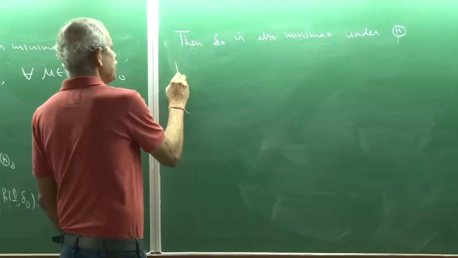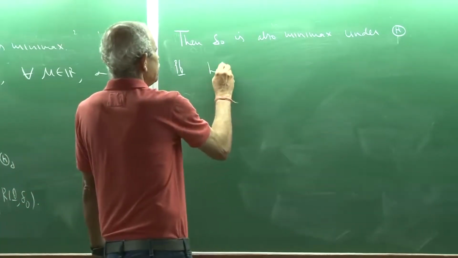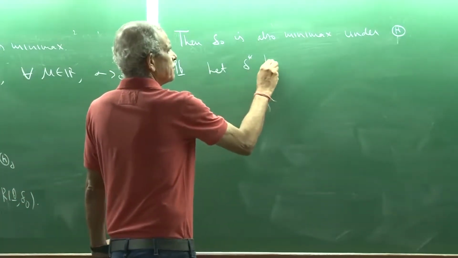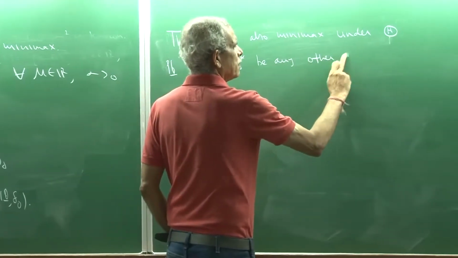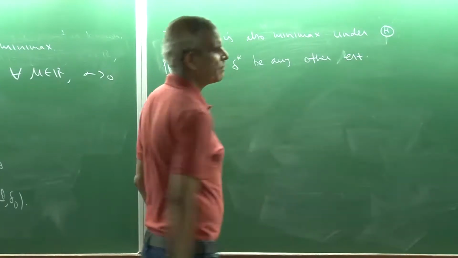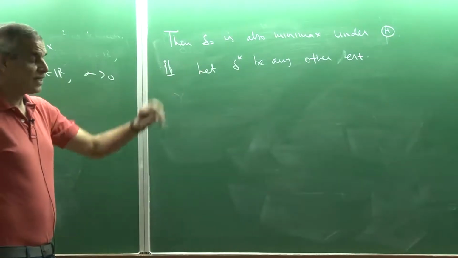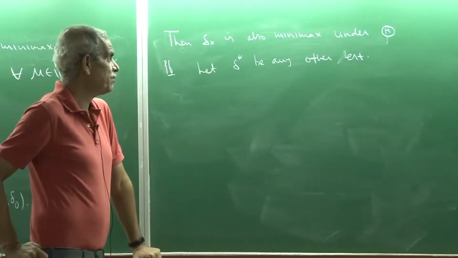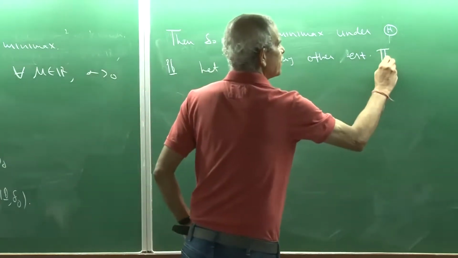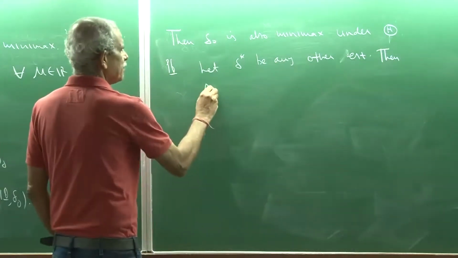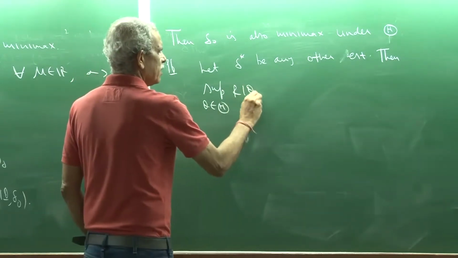How do you prove it? The proof is straightforward. So let delta star be any other estimator. Then what I try to show is that the supremum risk of delta star over theta is bigger than or equal to the supremum risk of delta naught over theta. And that is straightforward. I consider supremum over theta belonging to theta of R(theta, delta star).